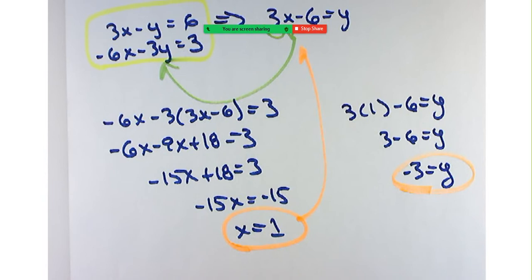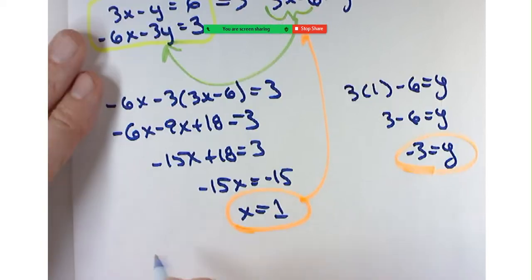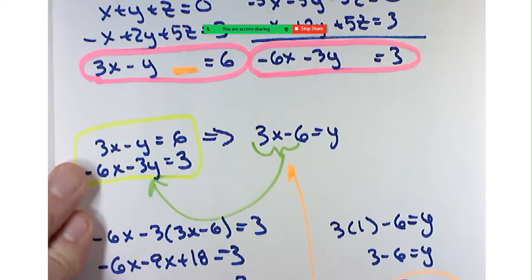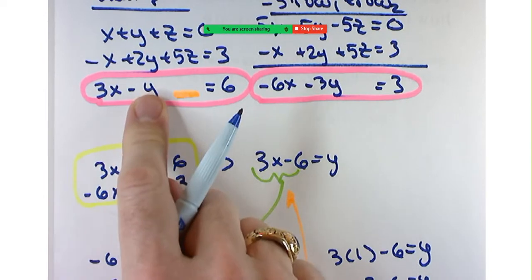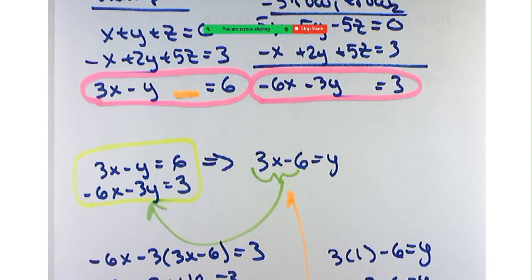I would pick any equation that looks convenient and find z. Now, how come I can't use the third equation to find z? There's no z there. So you have to use one of the first two, and the first one looks the easiest.